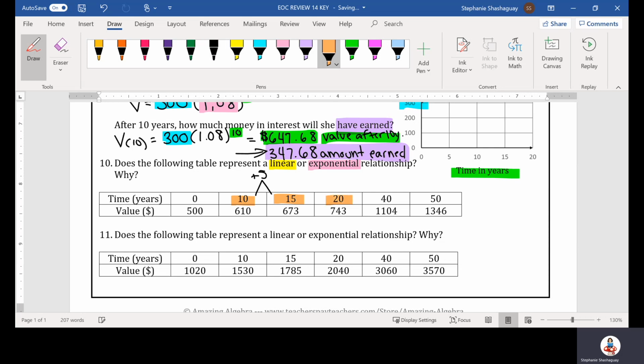And 15 to 20, that's a change in 5 years. So then I'm going to look at the change in y. Well, 610 to 673 is either plus 63 or it's multiplied by 1.1.